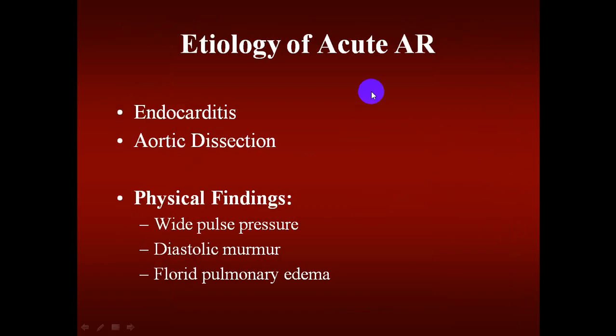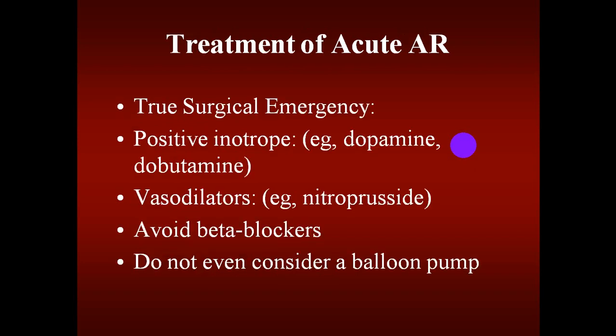In acute aortic regurgitation, the most common cause is endocarditis, and aortic dissection is the second most common cause. On physical examination, pulse pressure is important, along with a diastolic murmur and acute pulmonary edema. Acute aortic regurgitation is in fact a true surgical emergency.